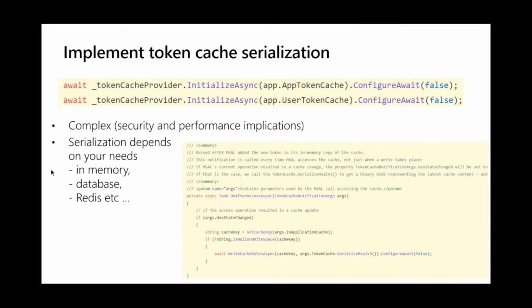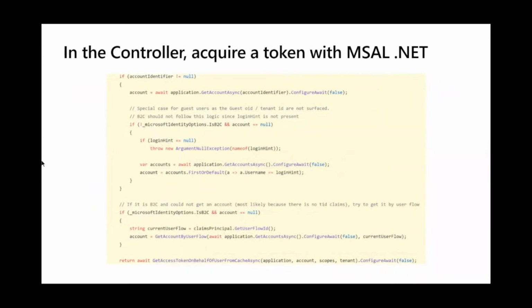But there are some complexity issues with this for security and performance implications. For example, if I'm doing a web app, I want to make sure that I only have one cache per user. And also my serialization depends on my needs. I could have an in-memory cache, a database, or a Redis cache. And then finally, I have to acquire the token in the controller by doing an acquire token silent call with MSAL, which will guarantee getting the token I need and refreshed if necessary.